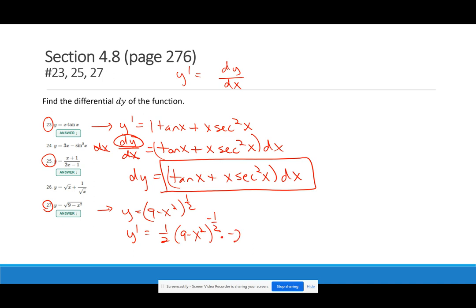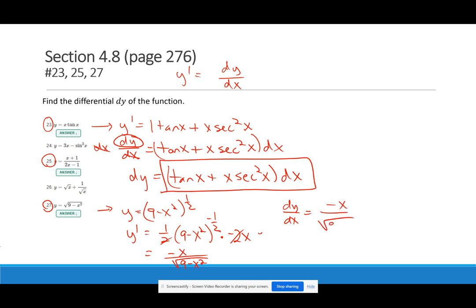But you do the derivative of the inside and get your negative 2x. You might take a moment to clean that up. So 2 and negative 2 would be just negative x. This would be in the denominator now as the square root of 9 minus x squared. So you know your dy dx equals that.